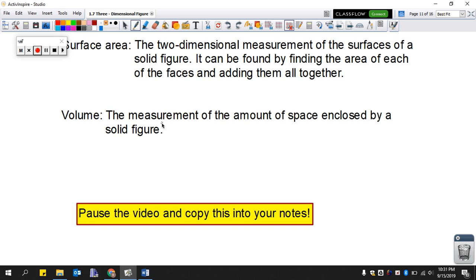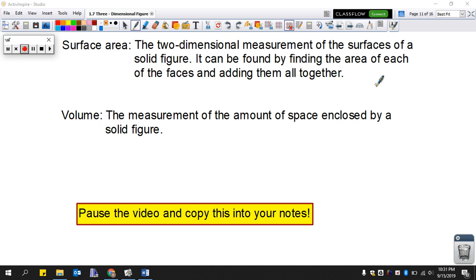The next subject we're going to talk about is surface areas and volumes. The surface area is simply the two-dimensional measure of the surfaces of a solid figure, and it can be found by adding the area of each of the faces together.